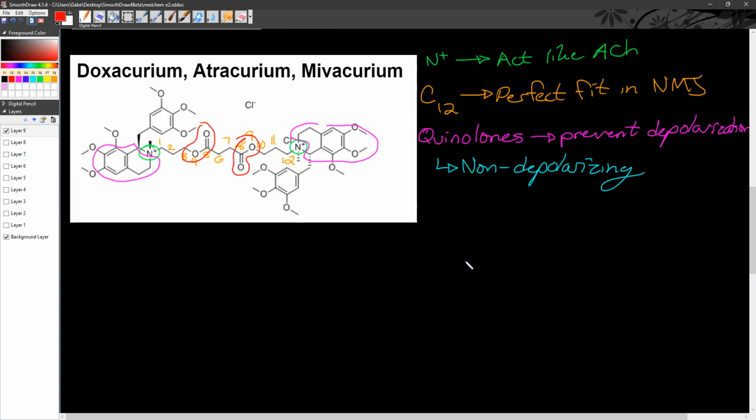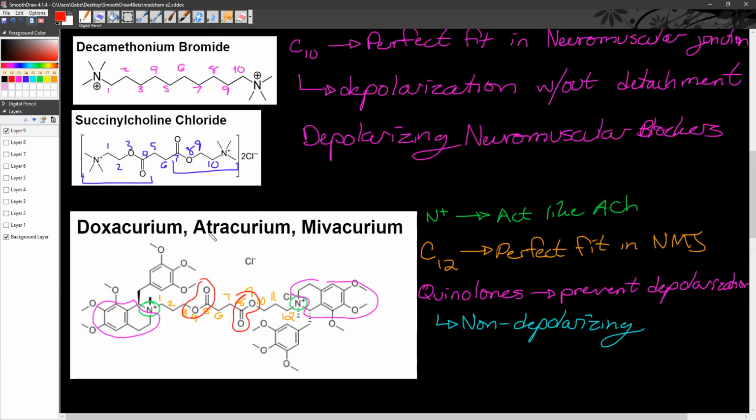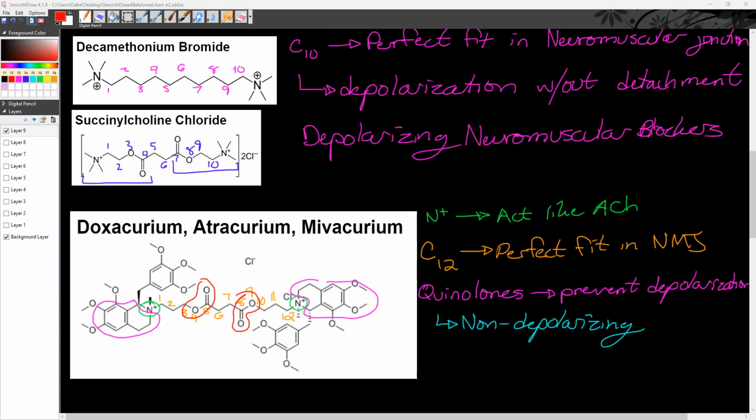So what we can do is that instead of relying on this succinylcholine backbone, right? Because you can see how succinylcholine is integrated into the structure of doxycurium, atracurium, and mivacurium, we can use a steroid backbone.